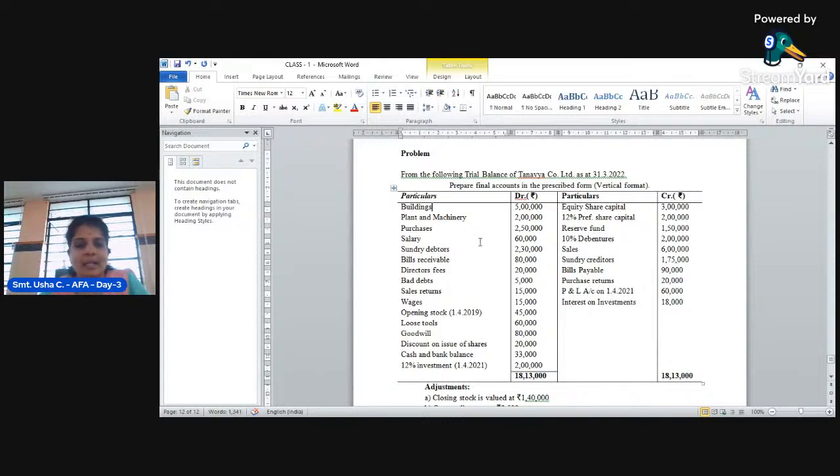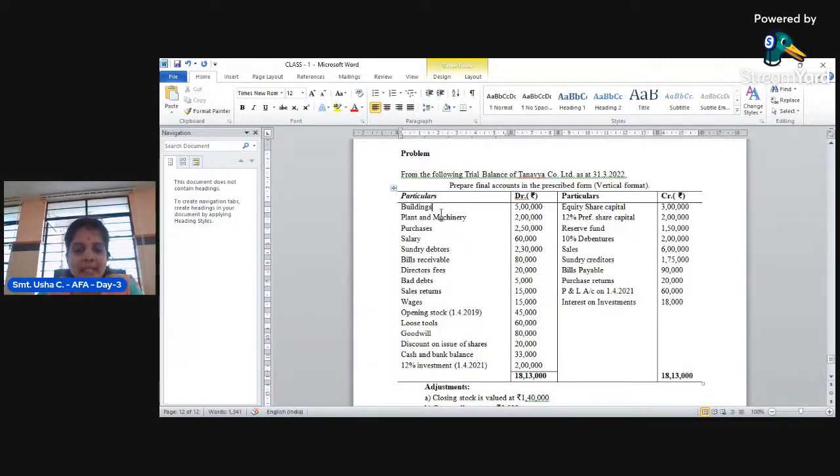Okay, so one by one, while discussing the problem itself, due to time constraint, we are going to mark there only whether the concerned assets or expenses are items of the statement of profit and loss or the balance sheet.